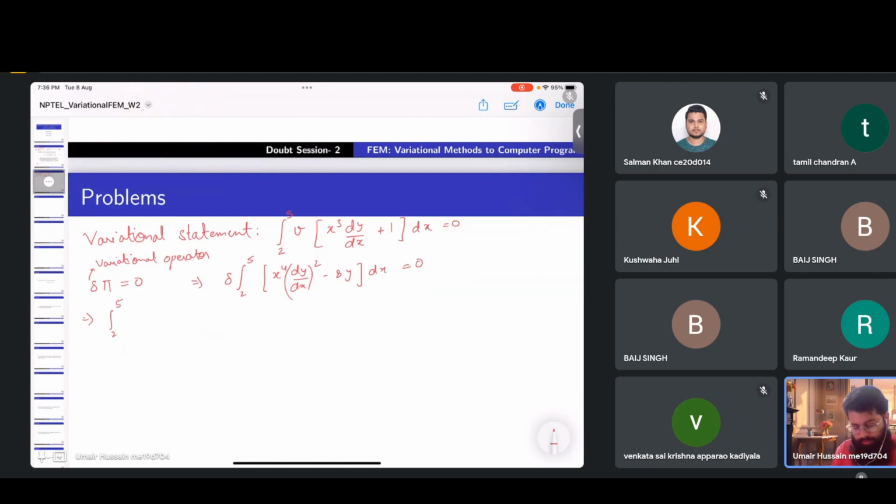So how do we send this variational operator inside? We have to take the limits a and b, a and L. Am I right?